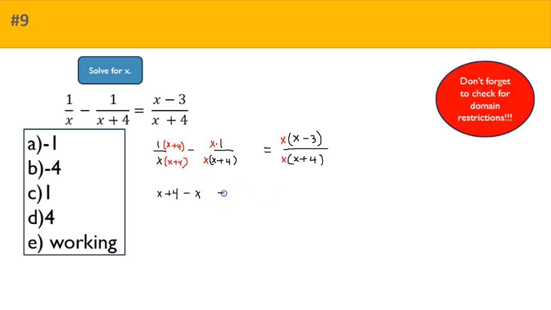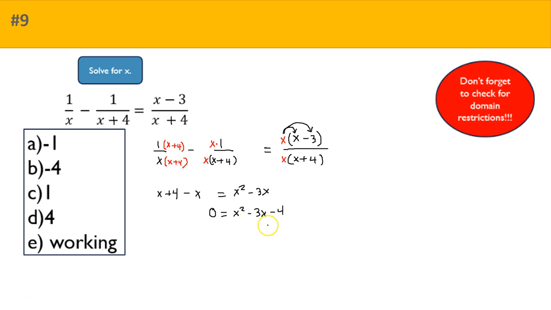Equals. Let's go ahead and distribute here. x times x is x squared. x times 3 is negative 3x. As you can see here, we have an x and a negative x. When you combine them together, you get 0. This 4, you can move over, becomes negative 4. So I have 0 equals x squared minus 3x minus 4.